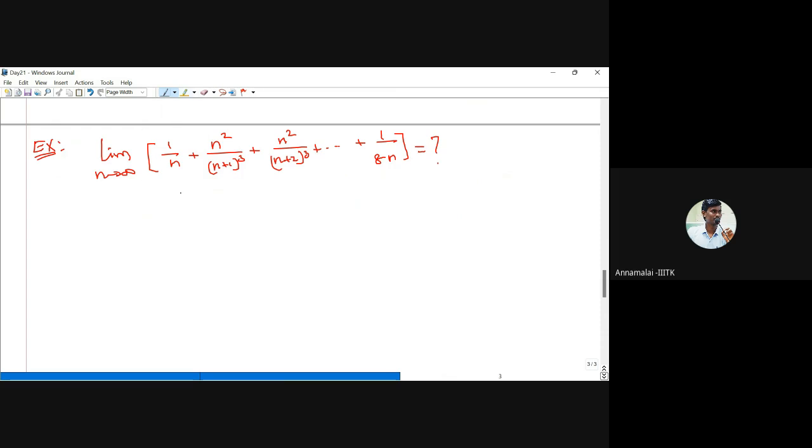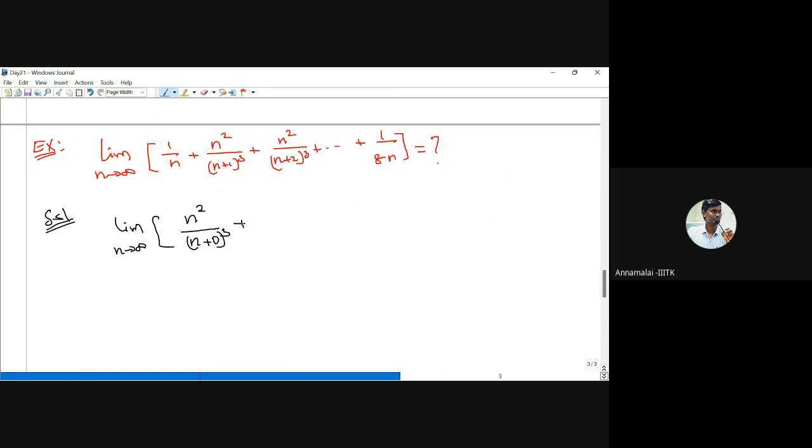Solution. This can be rewritten as the limit as n goes to infinity. We can multiply and divide by n square for the first term. Therefore, we get n cube, which can be written as n plus 0 whole cube.